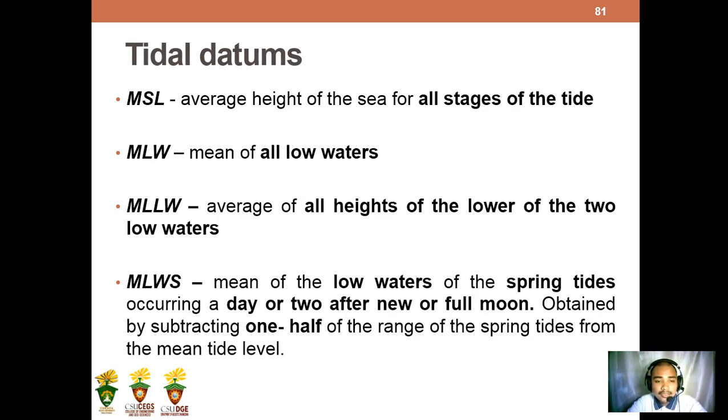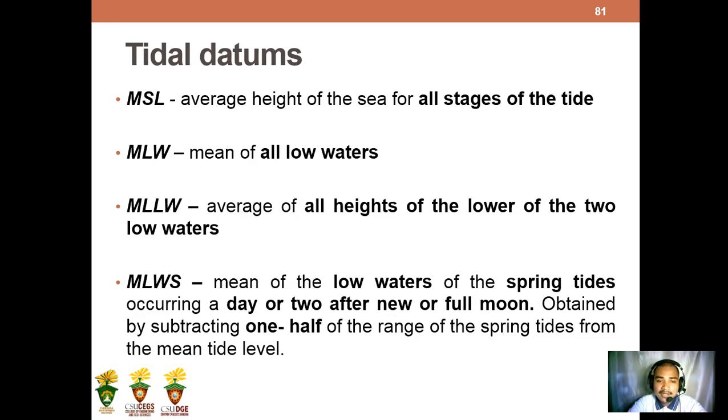And MLLW, or mean lower low water, is the average of all heights of the lower of the two low waters, no? Ang duha ka lower, duha ka low tides, no? Ang katong lower nga portion, lower nga part, mao to siya ang i-average, then mao to siya ang MLLW.